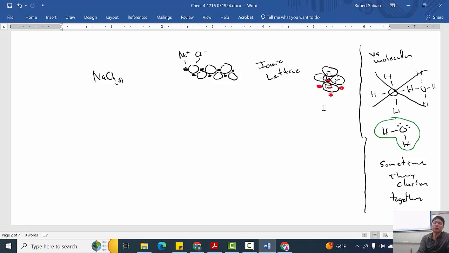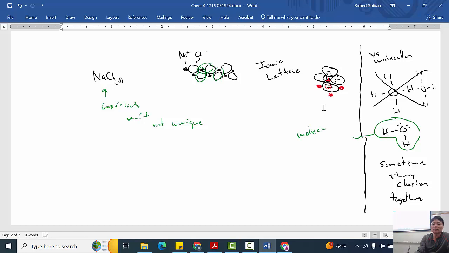And so here in a lattice like this, we have the empirical unit. And the empirical unit is not unique. Like, for example, this is an empirical unit here. This is an empirical unit. There are a bunch of empirical units in here. Over here, this is a molecular unit.